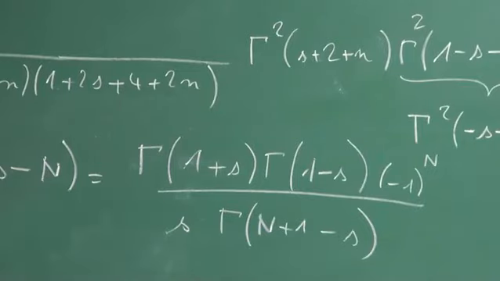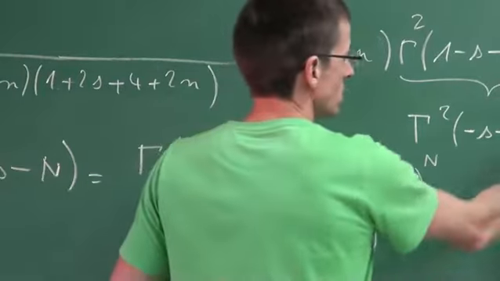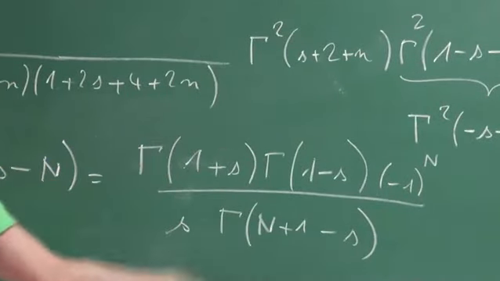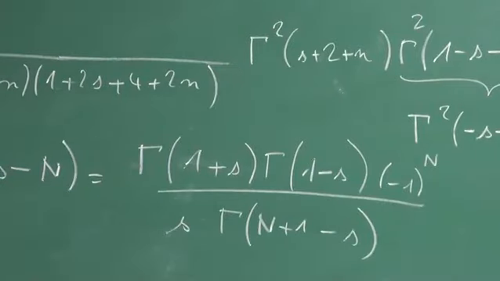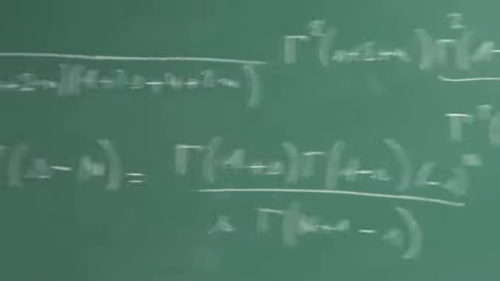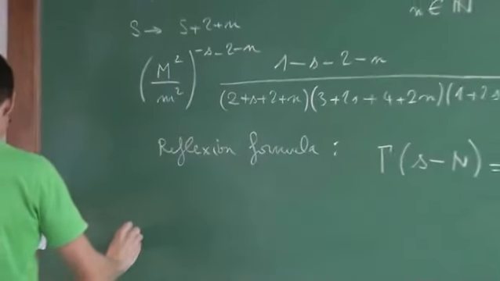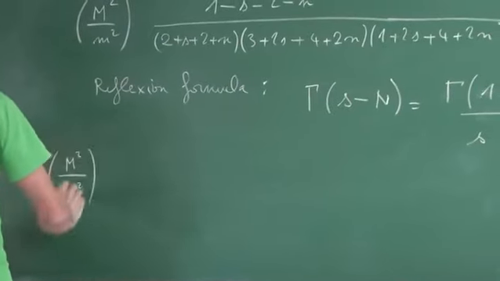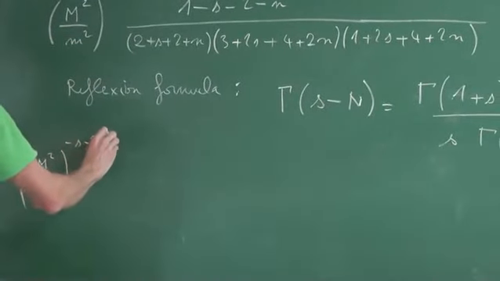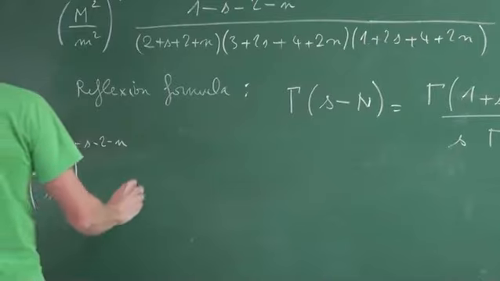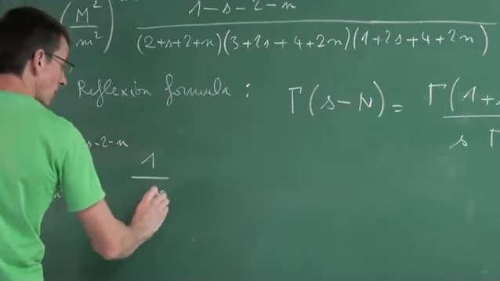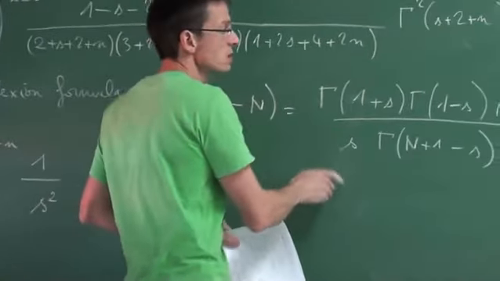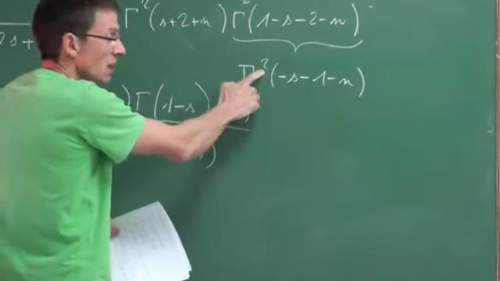So if you replace this gamma function by this combination of gamma functions squared, you get this: n squared over n squared to the power minus s minus 2 minus n, 1 over s squared. This 1 over s squared corresponds to the gamma that I have twice because the gamma is squared here.